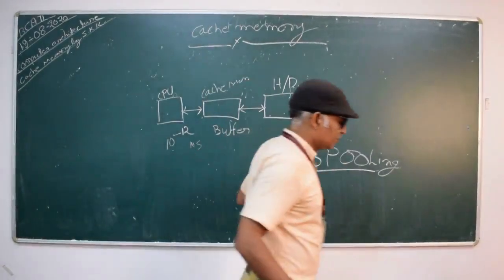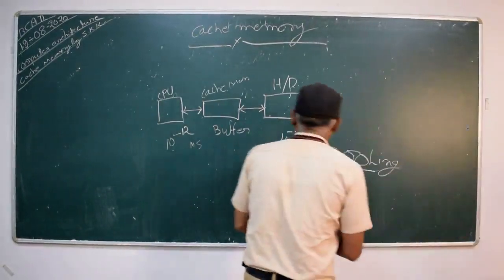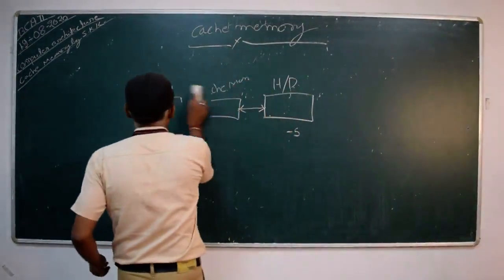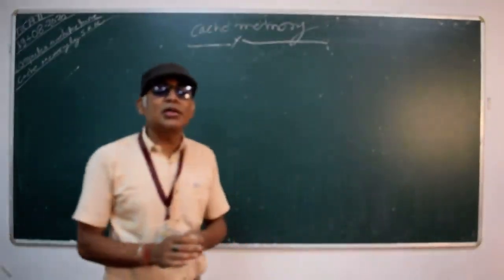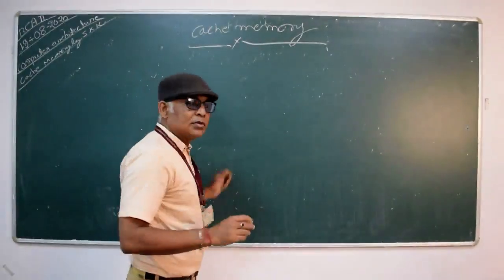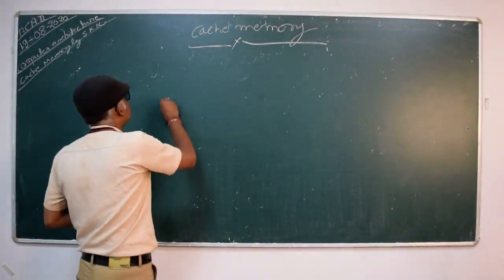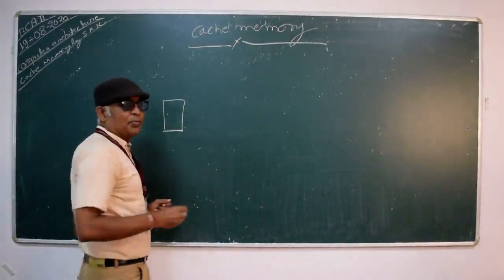That means, let us have a graphical representation. If we create a block diagram of the computer system, we have a processor.